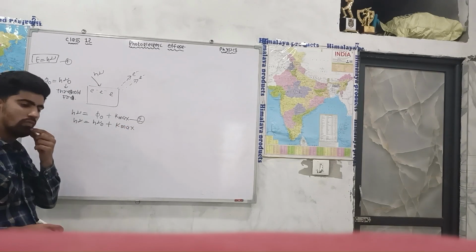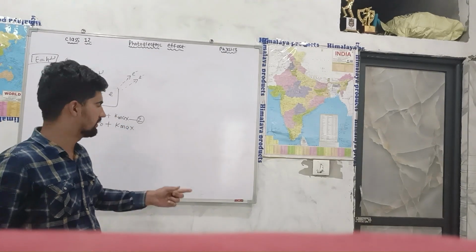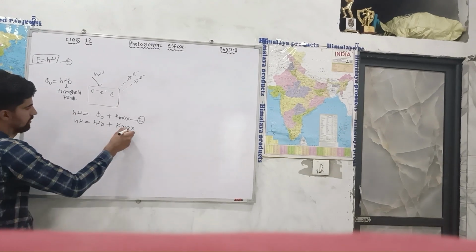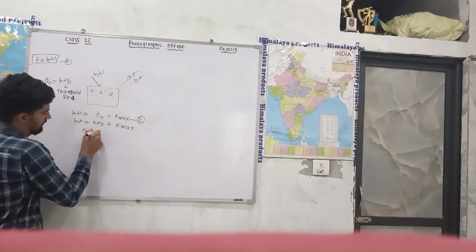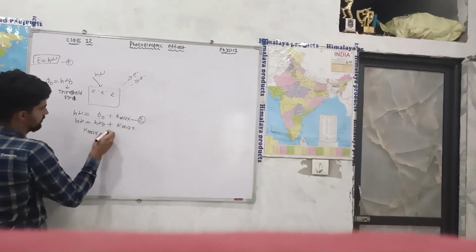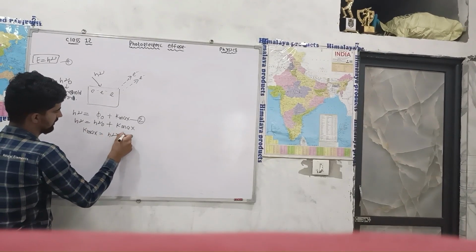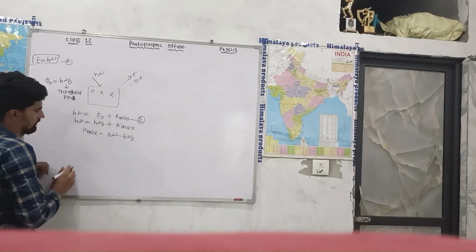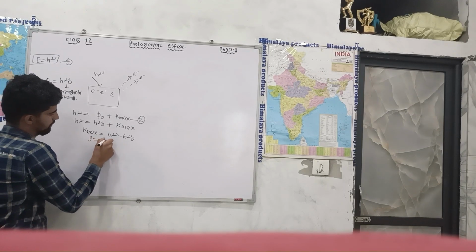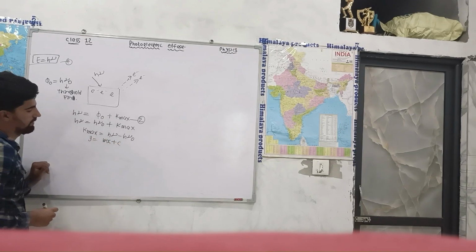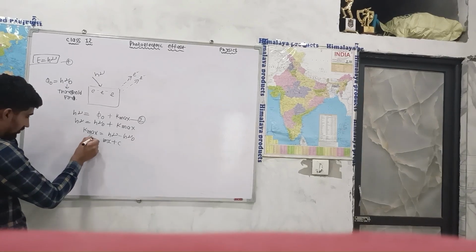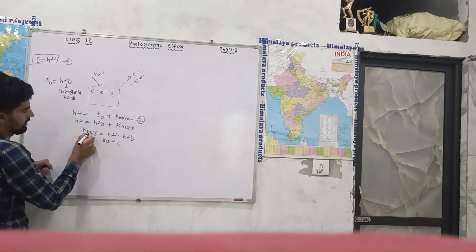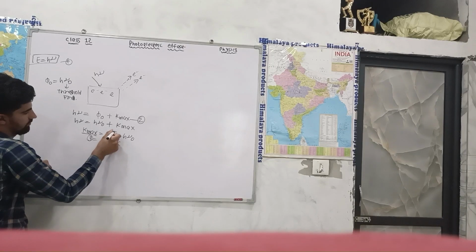Now we are trying to plot the graph between K max and nu. K max is equal to h nu minus h nu naught. Here we can compare this equation with y is equal to mx plus c. K max is on the y-axis, and on the x-axis we have frequency.